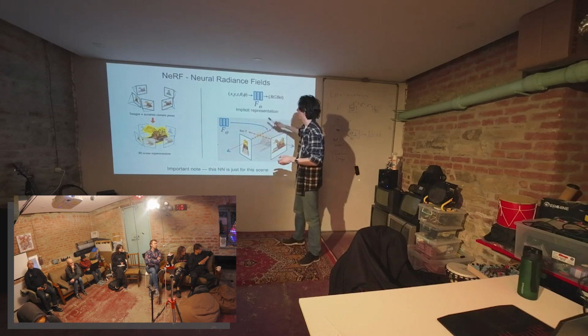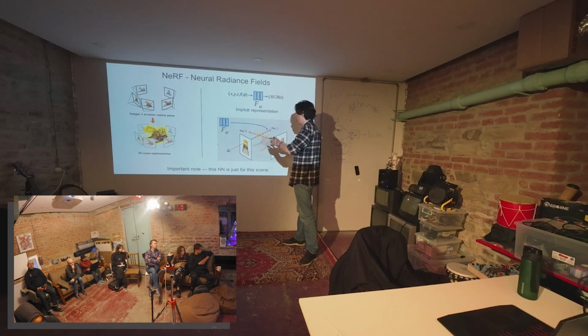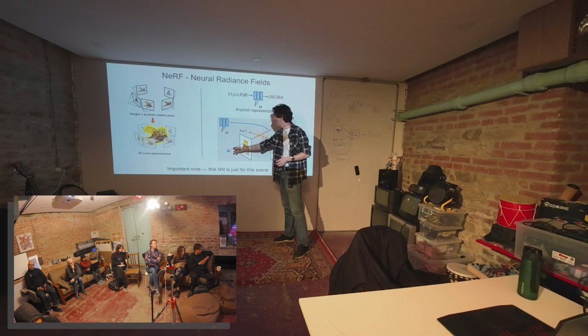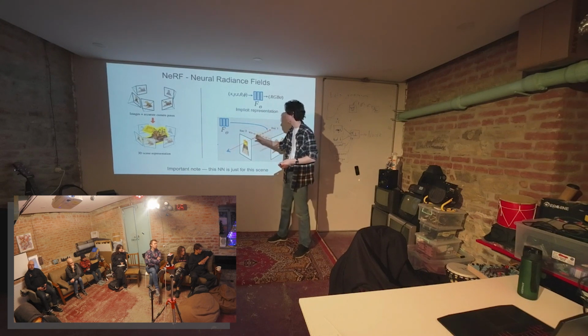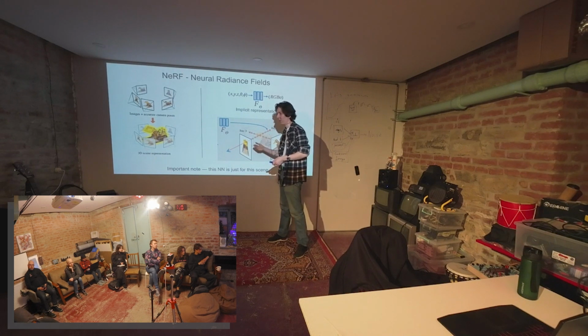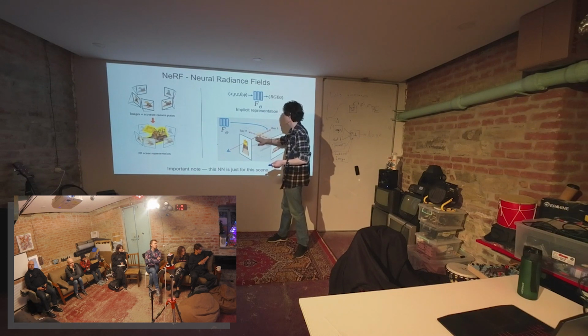If we have this function, then we have something called volume rendering, and I think it's pretty intuitive, but let's try to understand how it works. If we have a ray passing through some point, and our eye is looking in this direction, what color would we see? If we look using this ray, we can take a lot of points on this ray, use this function to generate the color and density for each point, and then sum these up in some smart way to get the color for this ray.